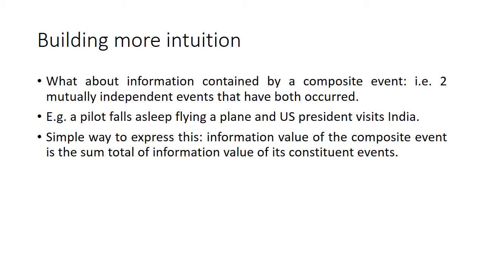Yeah, so let's see how this translates in terms of mathematical expressions. So information of two events x1 and x2 both happening, which means x1 intersection x2, is information of x1 plus information of x2.